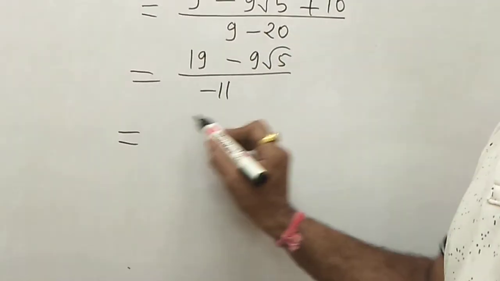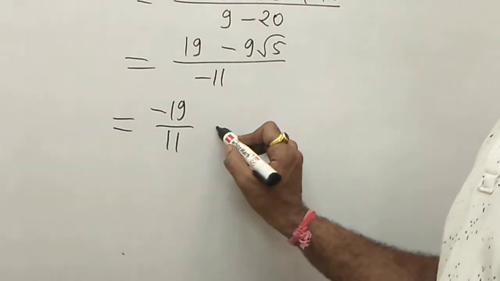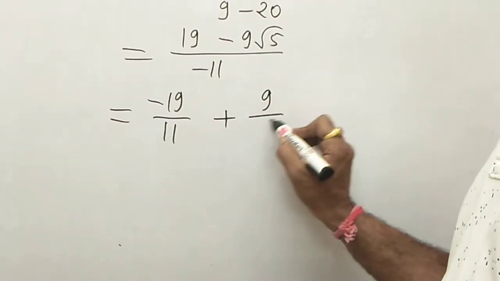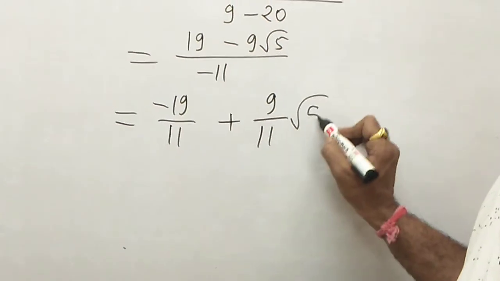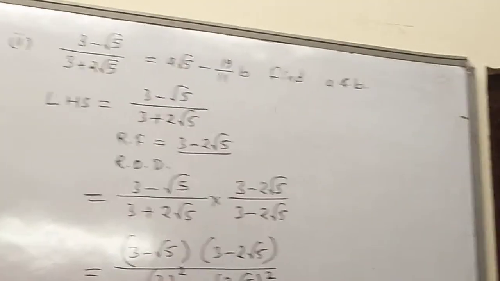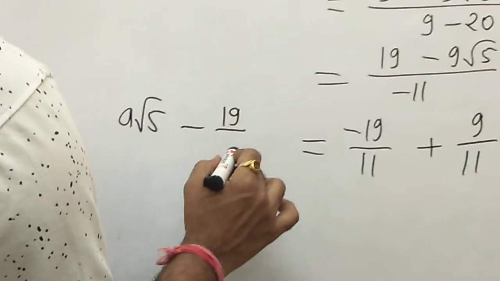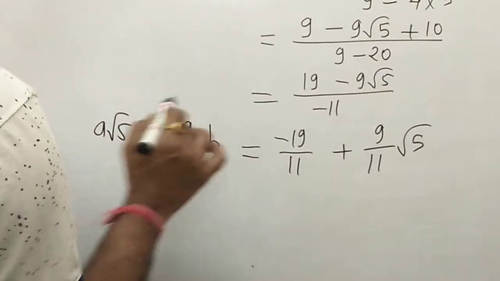After separating the terms, you have minus 19 by 11 and, minus minus plus, 9 by 11 with root 5. Then compare: here we have a root 5 and minus 19 by 11 b.